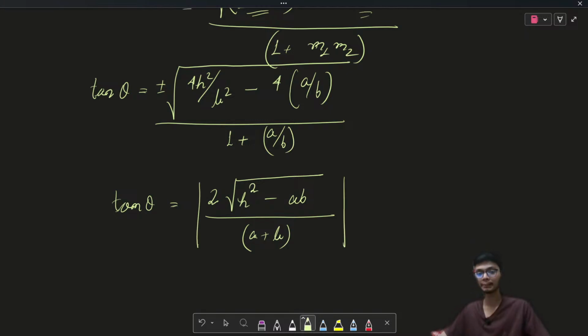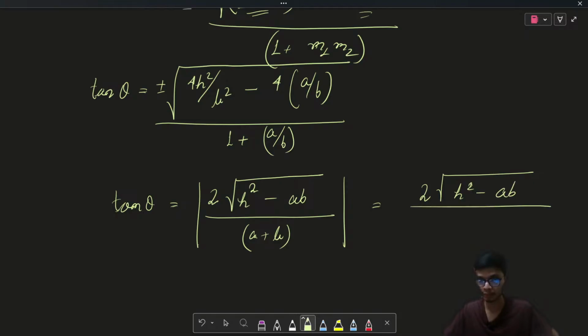Now we know that the square root result is always positive, so the modulus won't work in the numerator but it will work in the denominator. So the result could be simplified as 2 times the square root of h square minus ab, divided by mod of a plus b. This is going to be the simple result, so from here you can easily obtain tan theta, right?